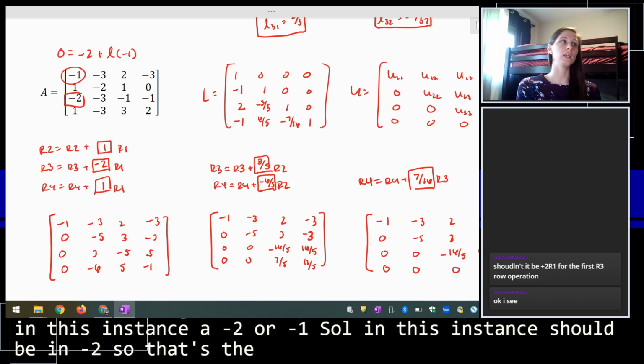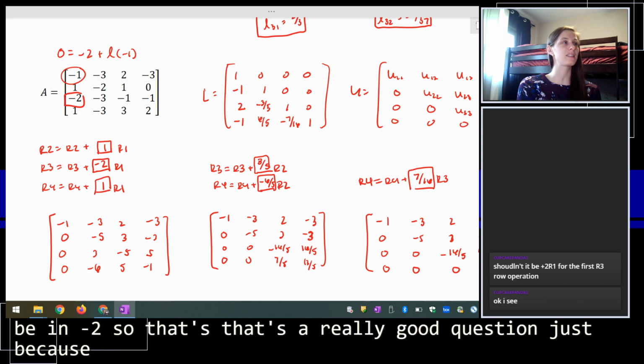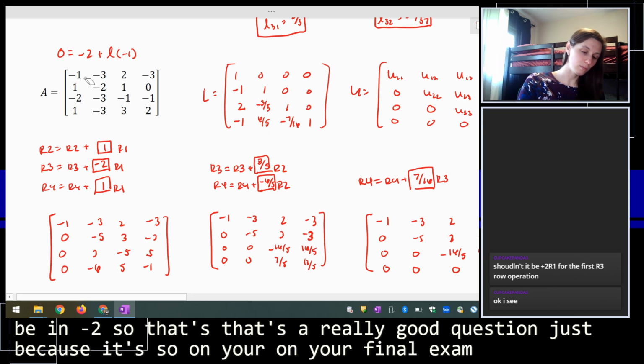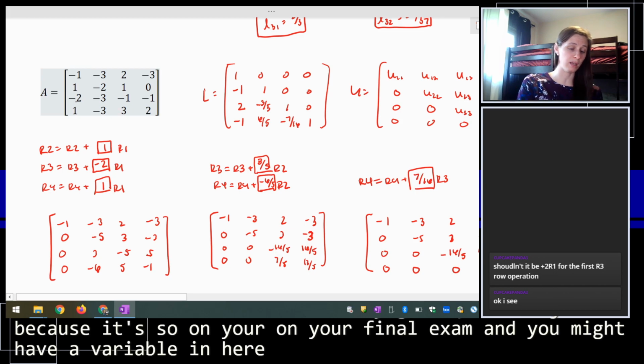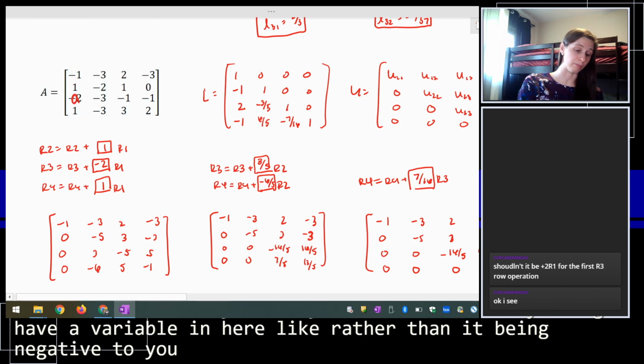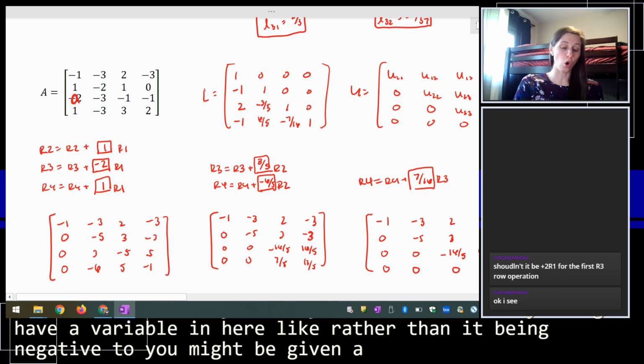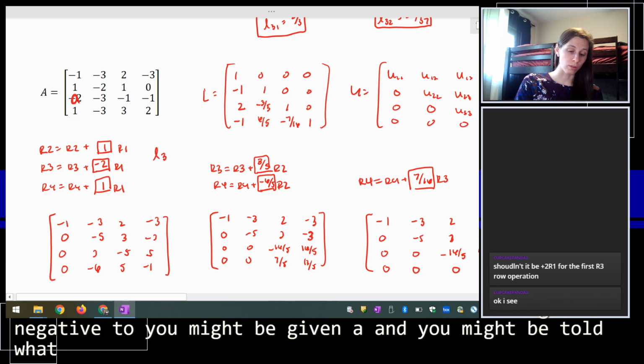That's a really good question. On your final exam, you might have a variable in here. Rather than it being -2, you might be given A, and you might be told what L31 should be.